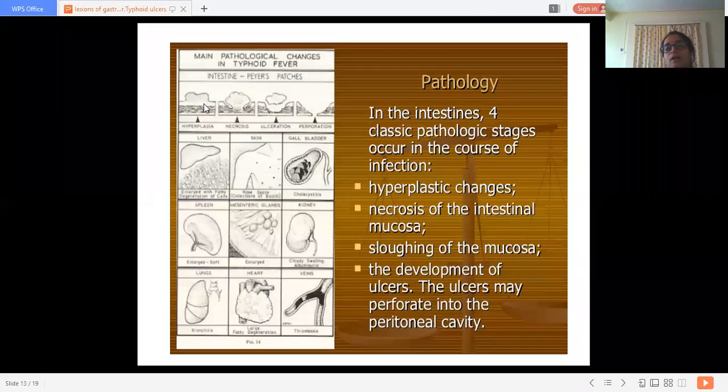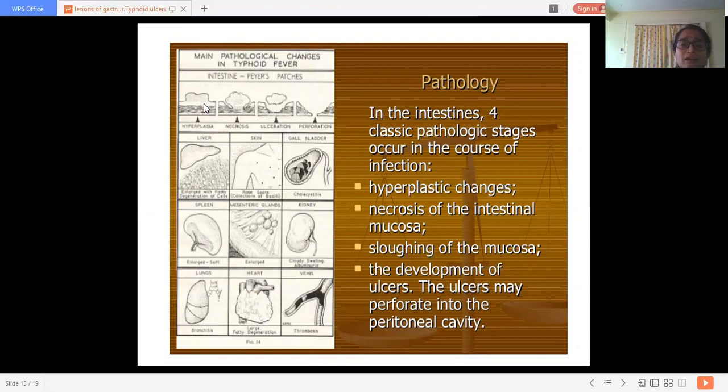Hyperplasia is more proliferation of cells in the region where the mucosa gets degenerated, because the inflammation of the Peyer's patches starts from below and goes outward. First the infection reaches the Peyer's patches, which are in the submucosa of the intestinal wall. All of you know the histology, anatomy and physiology of the intestinal mucosa.